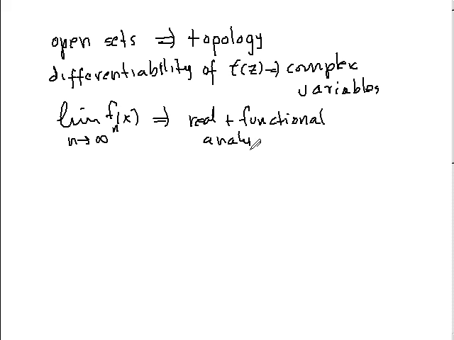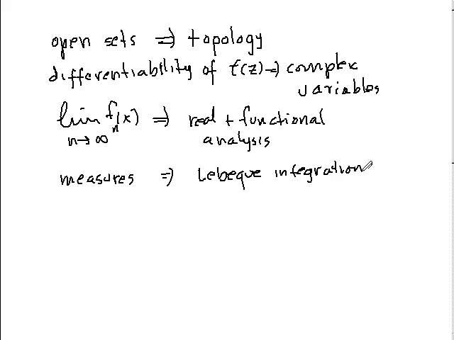The idea of measures leads to the idea of Lebesgue integration. The idea of whether a function is continuous almost everywhere, or everywhere except on a set of measure 0, leads to the fundamentals of Riemann integration.